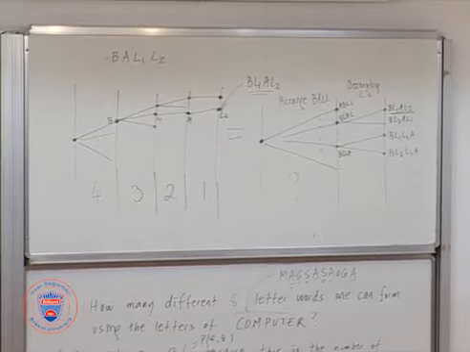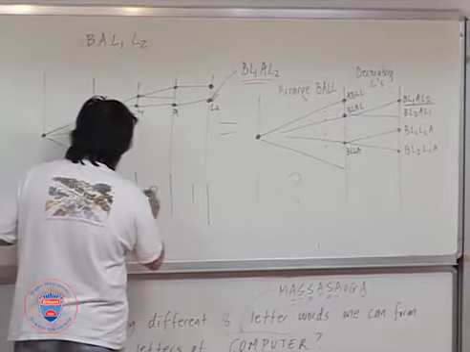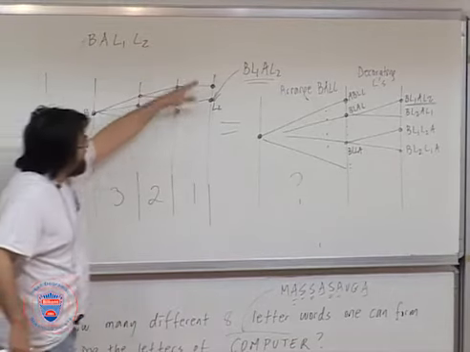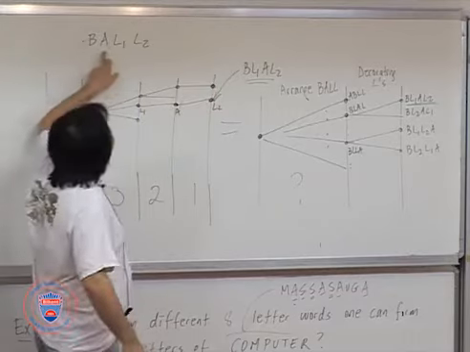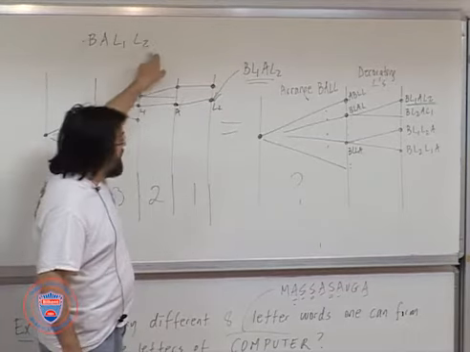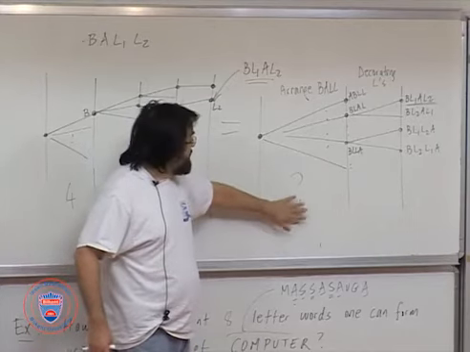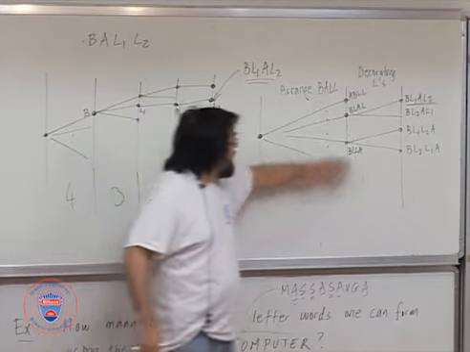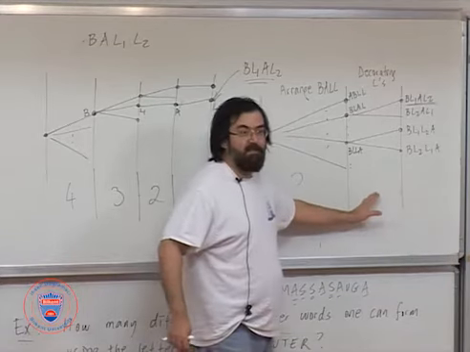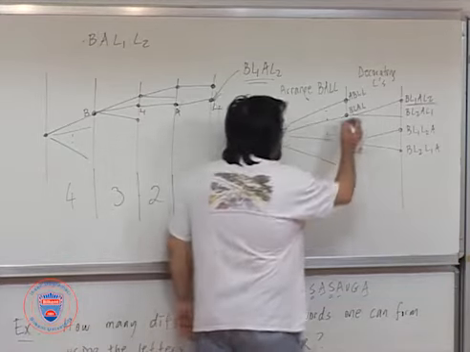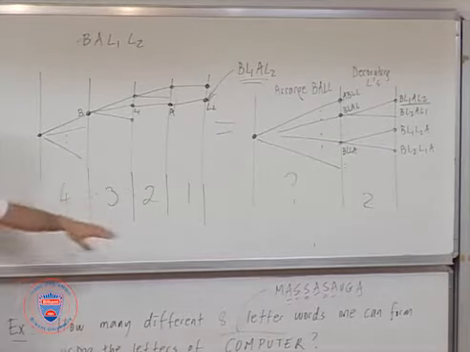Okay, so what we are facing here is the number of ways to count all these arrangements of B L1 A L2. We wanted to know all the arrangements of BALL, which we don't know. And then we found that there is a second step I can add to this, where everything has 2 different ways of proceeding.